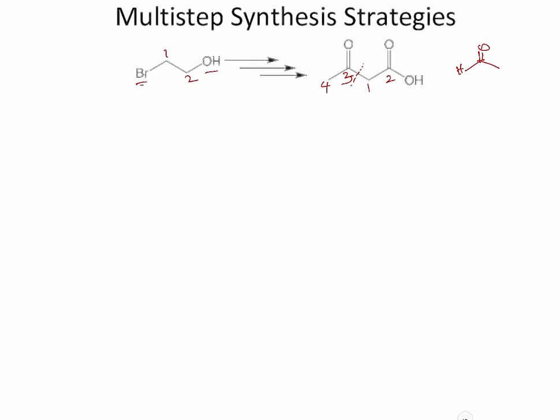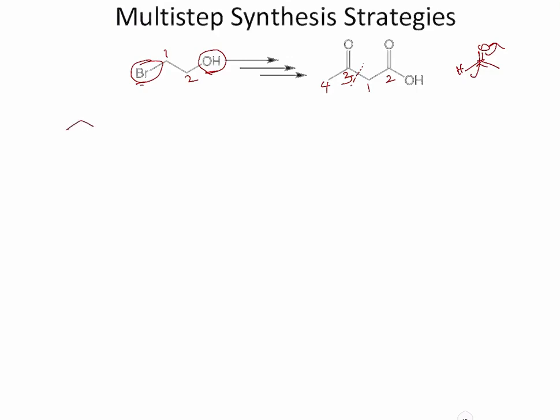That means once we form a Grignard reagent from this position, we can attack the carbonyl, and then we can install those 2 carbons. But the problem is Grignard reagent is not compatible with mild acidic conditions.